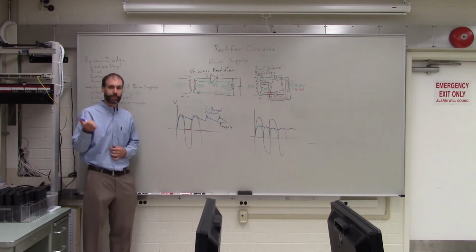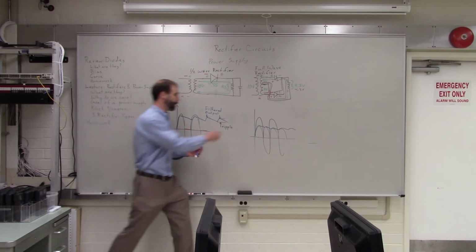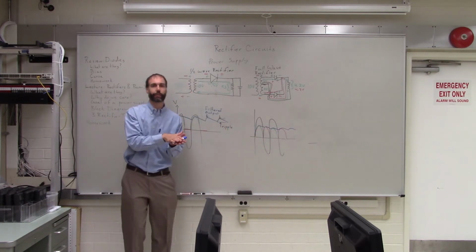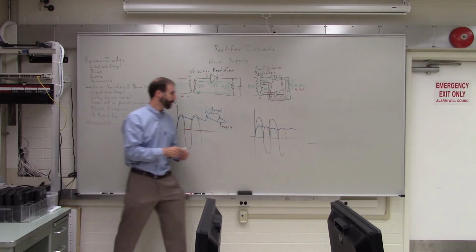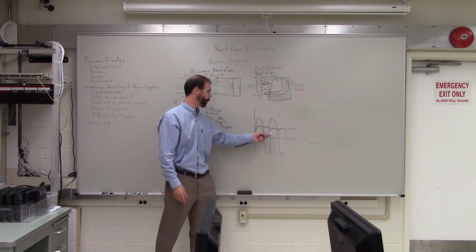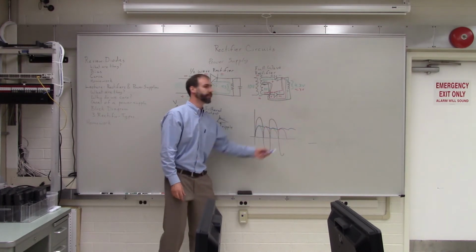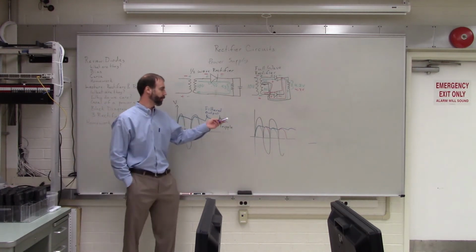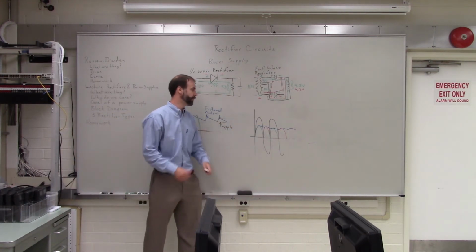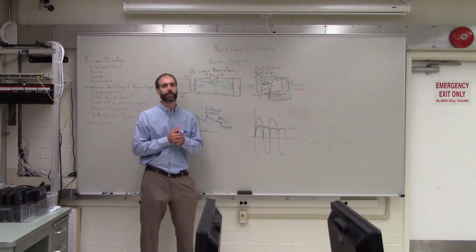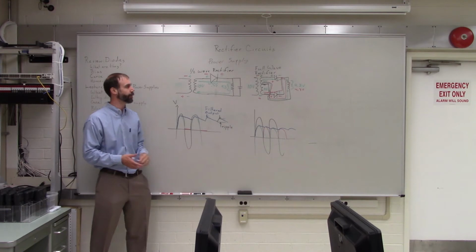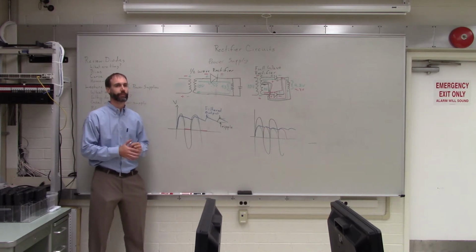Yeah, there is less ripple, exactly, because these peaks are closer together, and so the capacitor has less time to discharge. Another way to say that is that the output frequency is doubled, right? So it's a higher frequency, so the capacitor has less time to discharge. So less ripple, so that's a good thing also. Okay? Questions about the full wave rectifier?